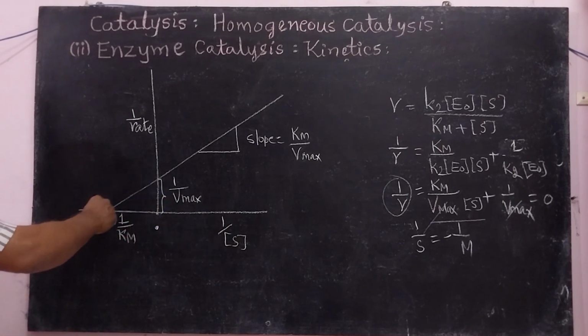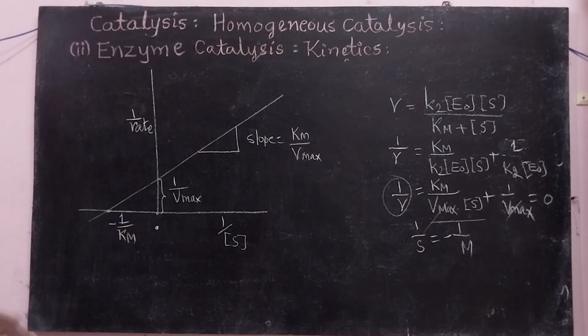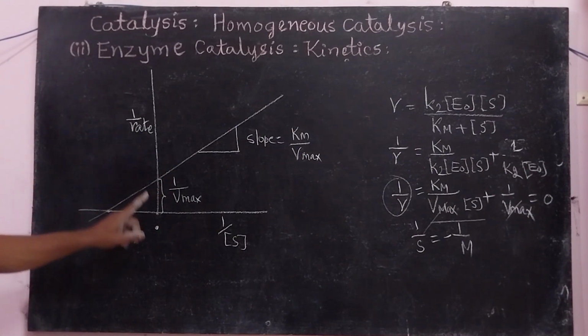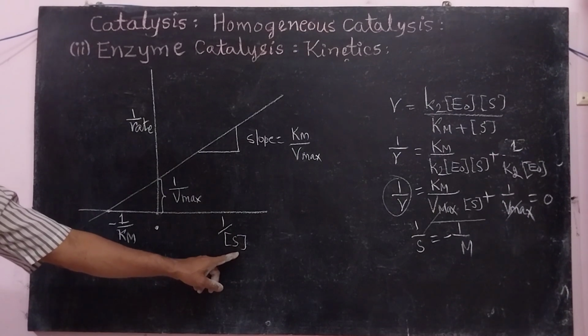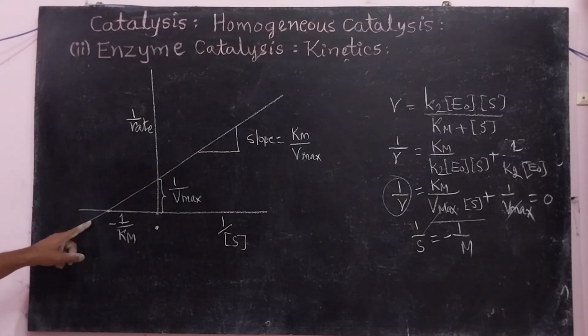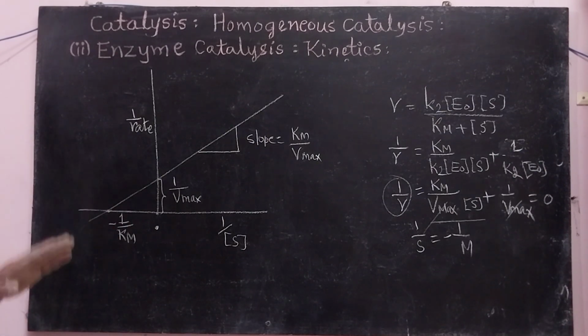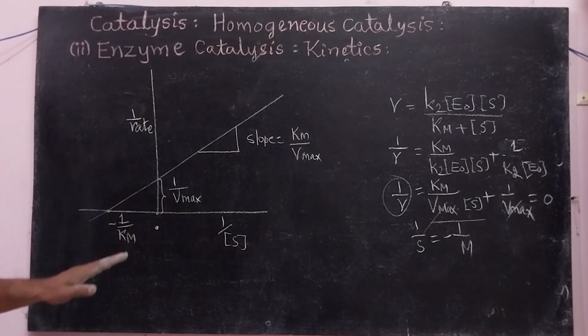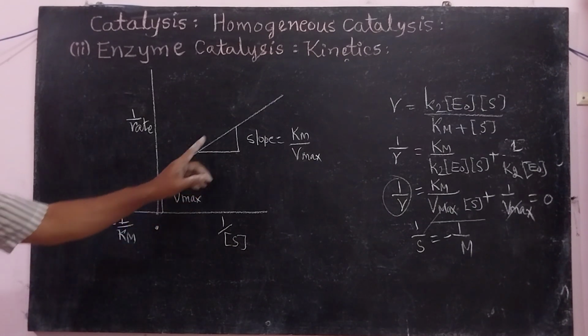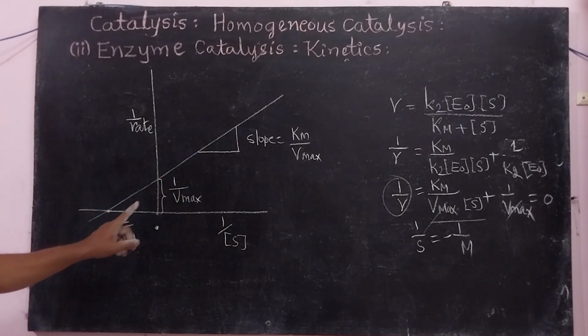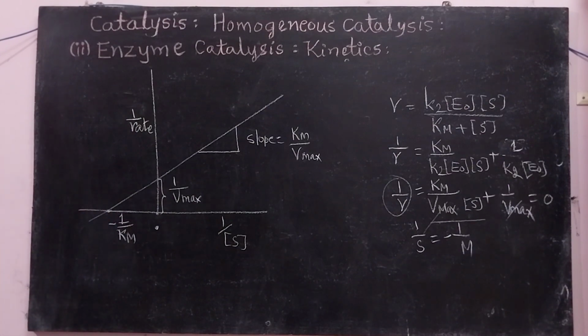So by plotting a graph of 1 divided by rate versus 1 divided by substrate concentration, if we get a straight line, we say that the Michaelis-Menten law is verified, or the reaction follows the Michaelis-Menten law. Then we are going to get one slope, one y-intercept and one x-intercept.